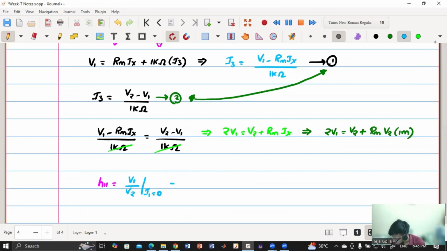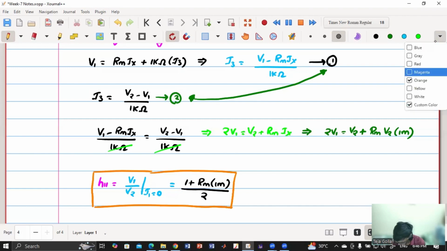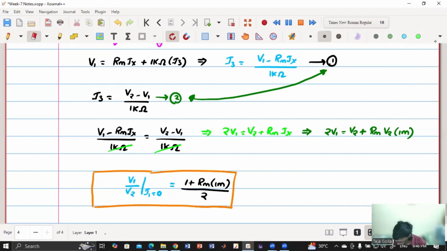It is given by 1 plus Rm into 1 milli, divided by 2. Fine. Everyone agree? So it is not H11, it is basically H12. I got something like this.